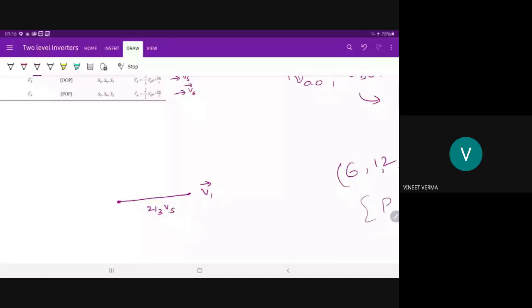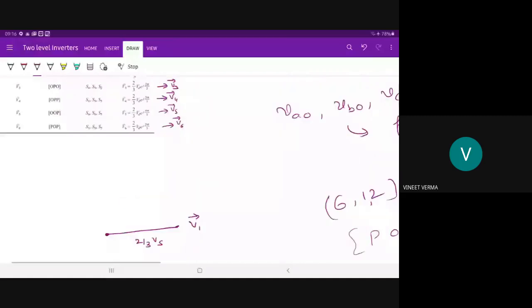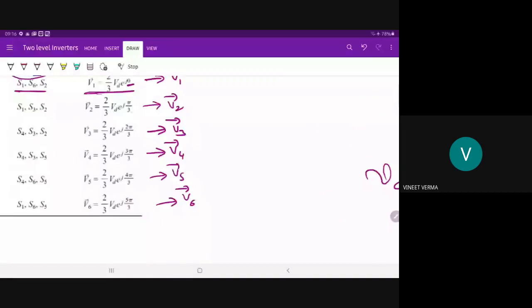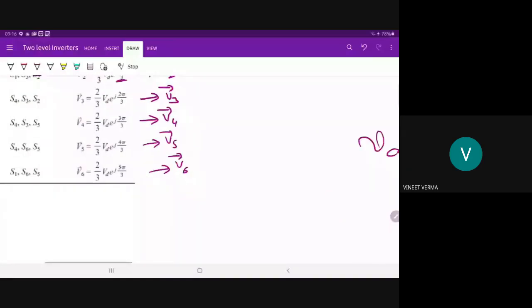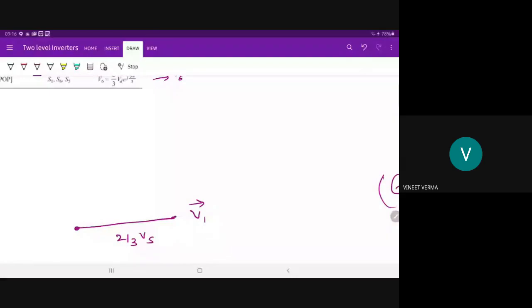This one is j to the power of 0, whereas this one is j into pi by 3. So there is another vector, and this is the V2 vector. Its magnitude is 2 by 3 Vs e to the power of j pi by 3. Is this clear now? And this angle is 60 degrees.